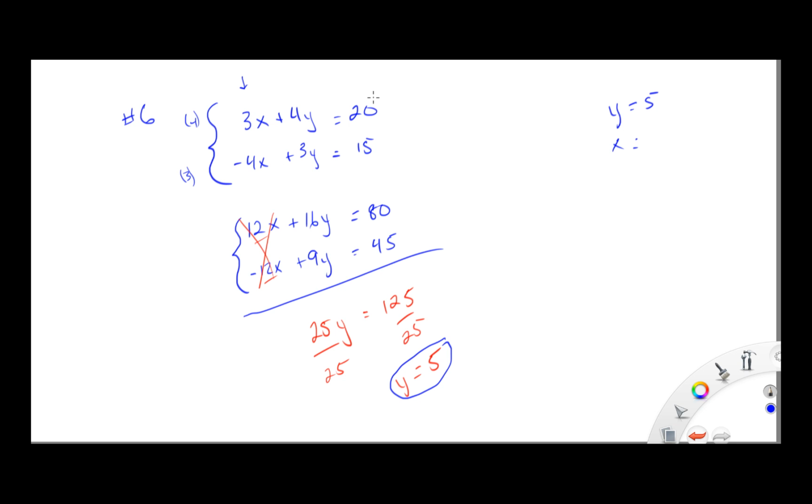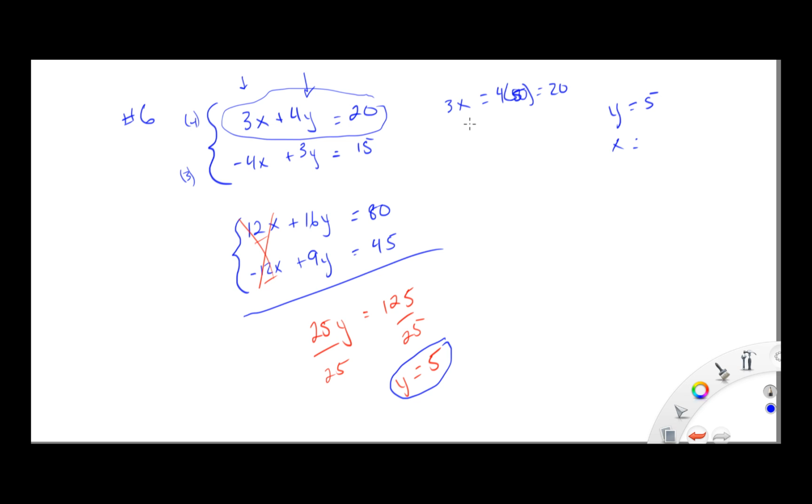So let's take the original equation here, okay, right here, and if we know what y is, we're going to put 5 in there. So it's going to be 3x plus 4 times 5, which is 20, equals 20.